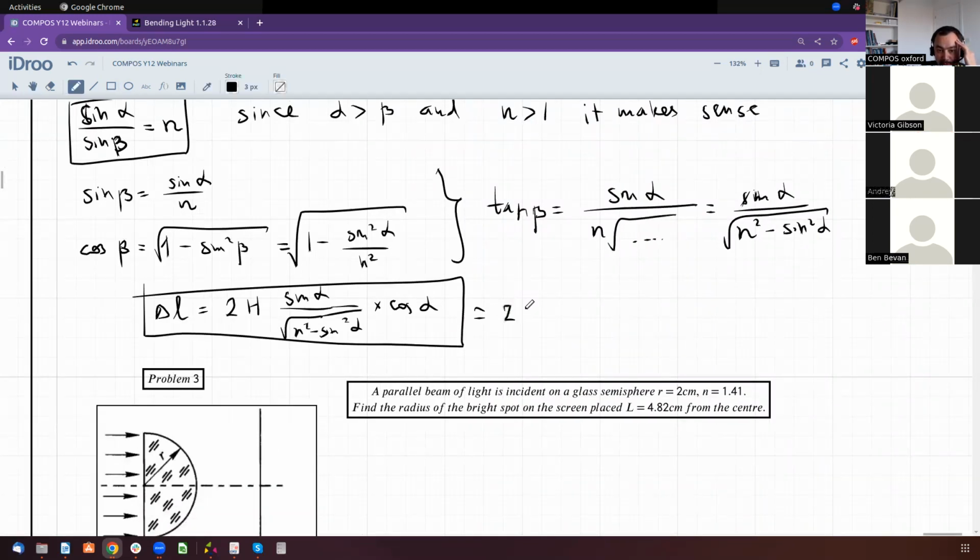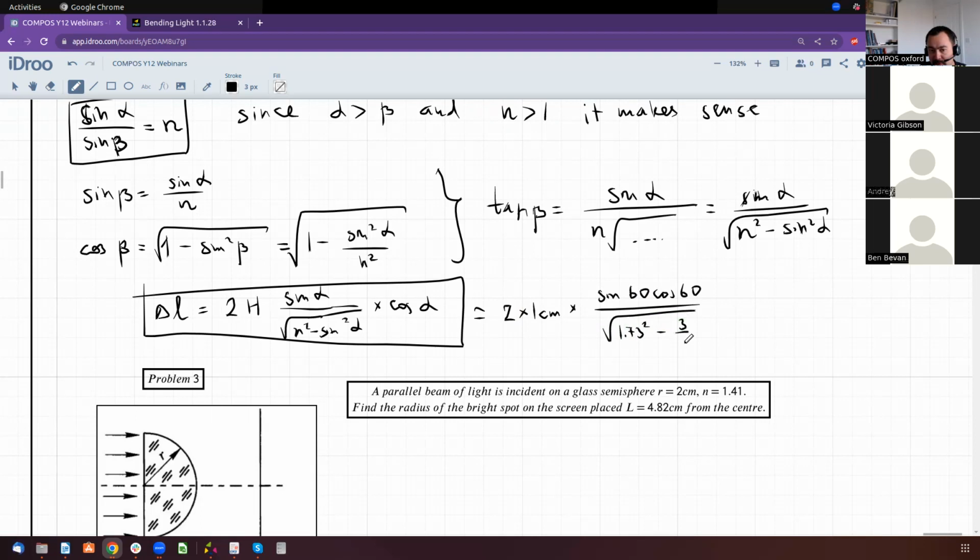So it's 2 times 1 centimeter times sine 60 cos 60 over the square root of 1.73 squared, which is 3, minus sine squared alpha, minus 3 over 2.